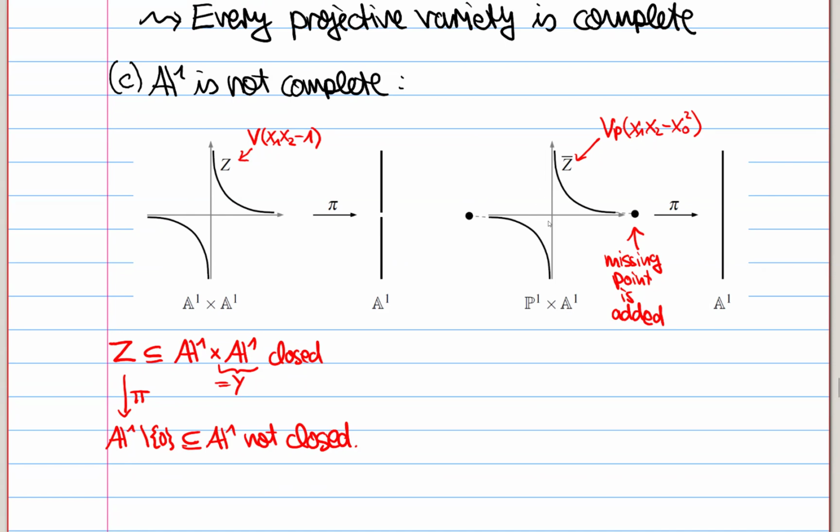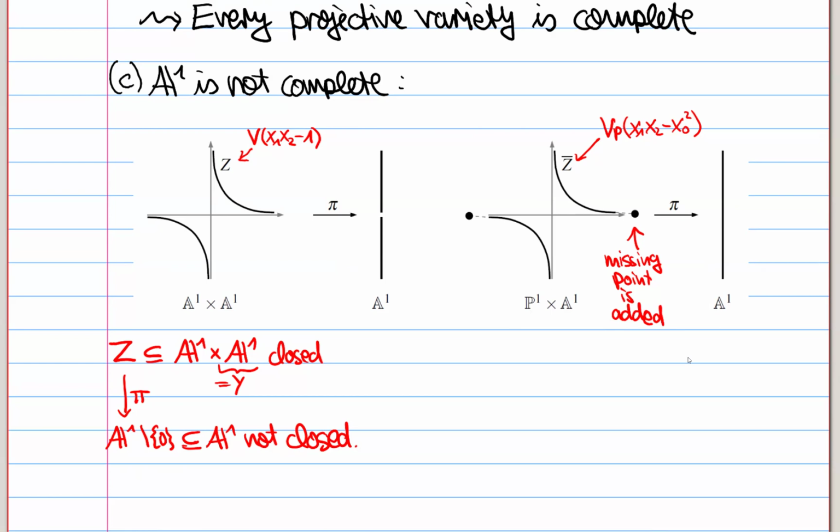So if this is the P^1 direction, then it adds the point at infinity of P^1, and then if you take the projection π, you do get the origin here. So this counterexample to A^1 being complete doesn't give rise to a counterexample to P^1 being complete. P^1 exactly adds the missing point.